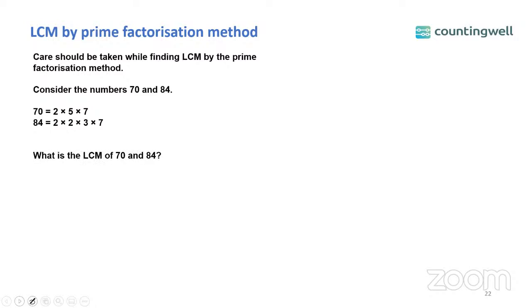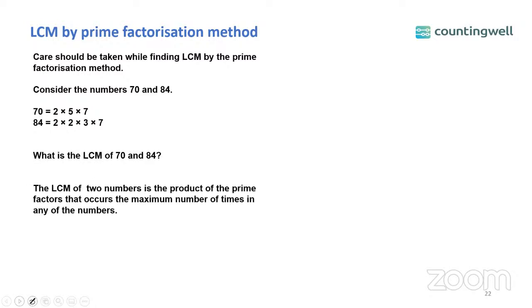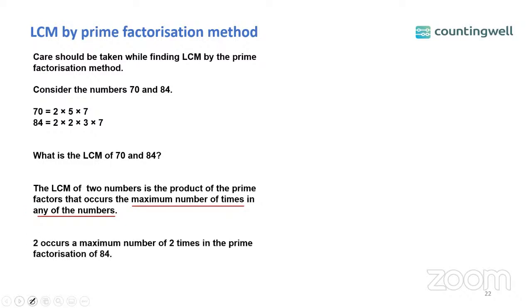What is the LCM of 70 and 84? Note that the LCM of two numbers is a product of prime factors that occur the maximum number of times in any of the numbers. Note that 2 occurs a maximum of 2 times, in the prime factorization of 84.